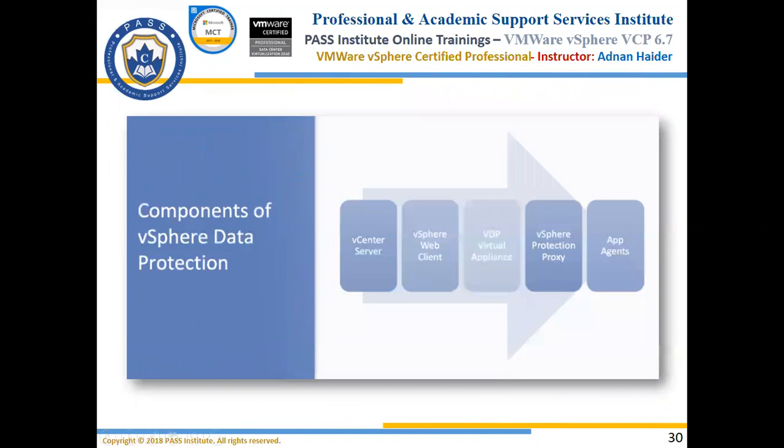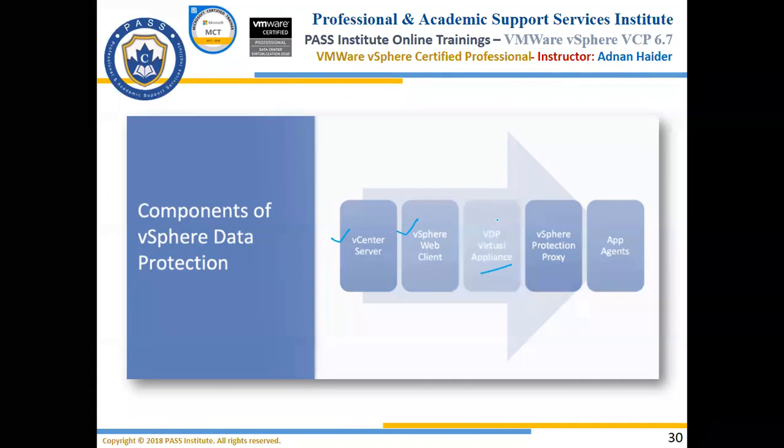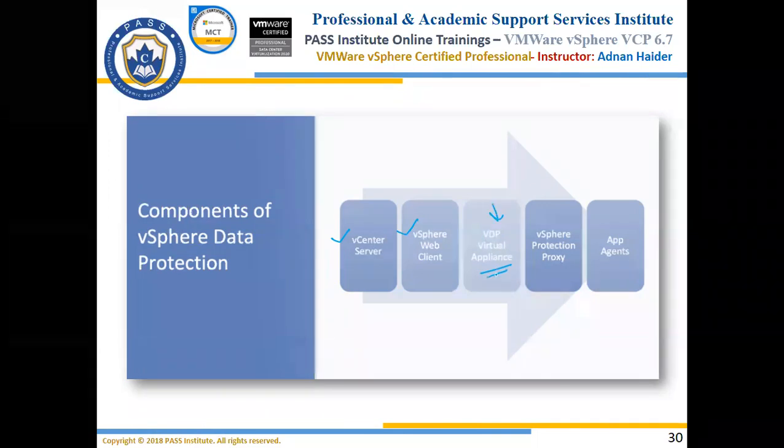Okay. So guys, components of vSphere Data Protection, number one is vCenter. You must have a vCenter, you must have the vSphere web client. Then you will download this appliance from the VMware website. Once you download the appliance, then you can add application agents to the VMs. This agent is only required for certain applications. For normal backup, an agent is not required, but it is required for Exchange server.